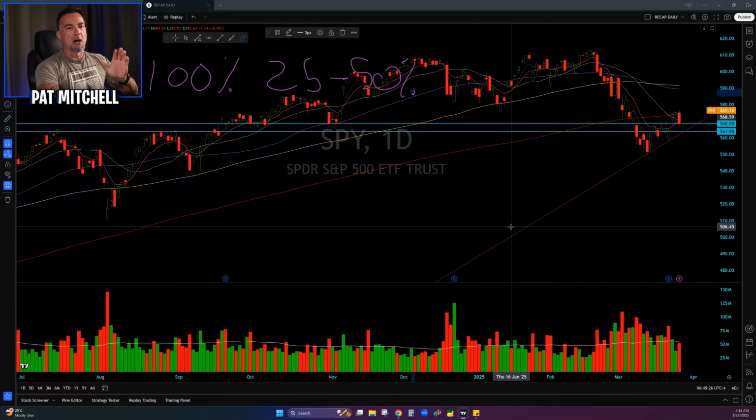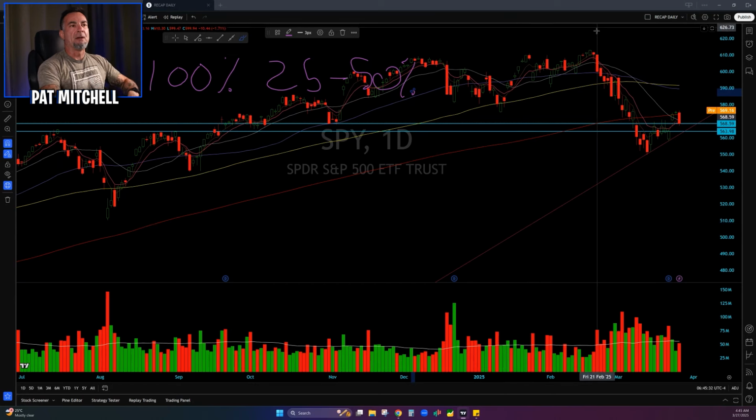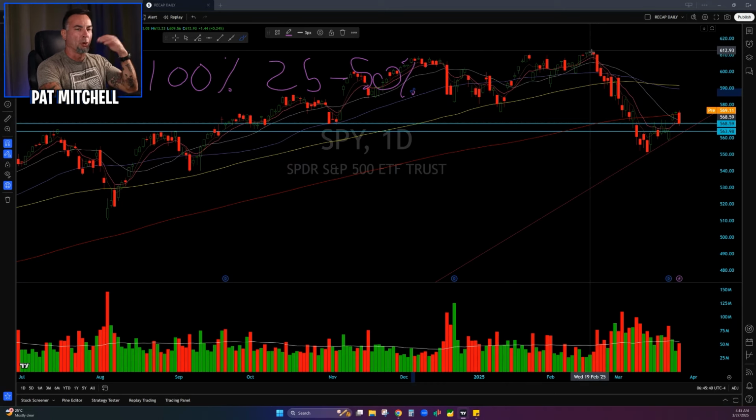I never use 100% size, but off of a starting position, I would be in that 75 to 100% of my starting size position up at highs when I get the setup, or the strategy dictates that I have a short.